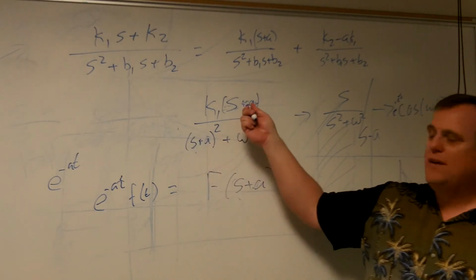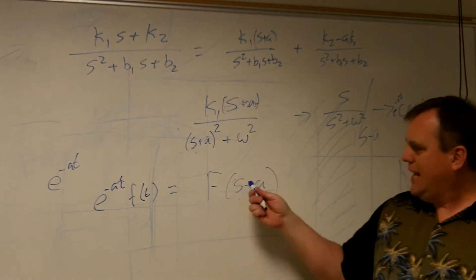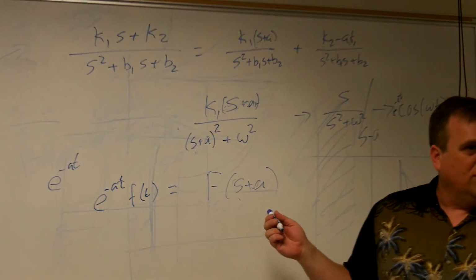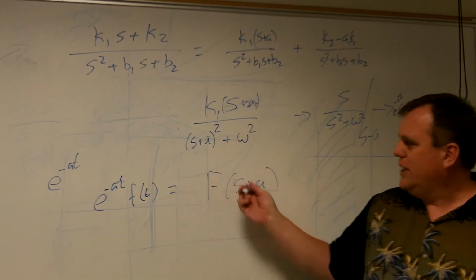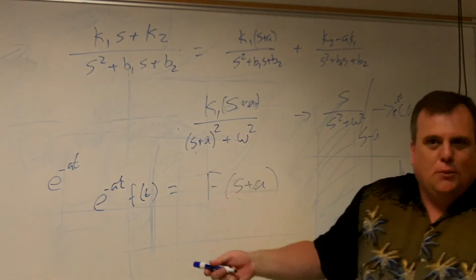But that means I've got to have S plus A up top, because every S must have S replaced by S plus A in order for this property to be true. So I had to put the plus A up here. Otherwise, I couldn't use that property, because if you just have it substituted down bottom, it's not the property.